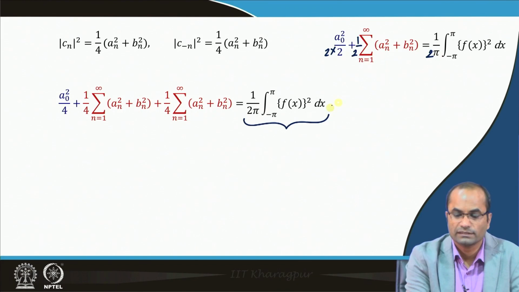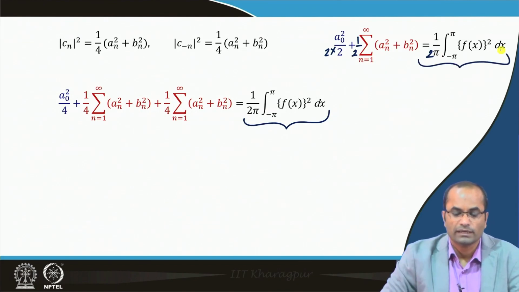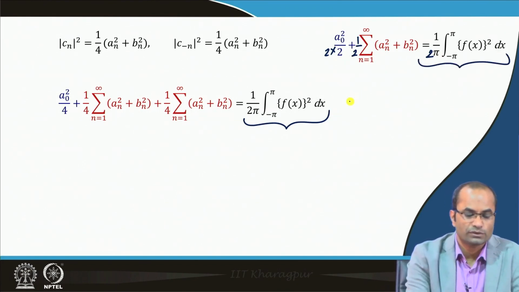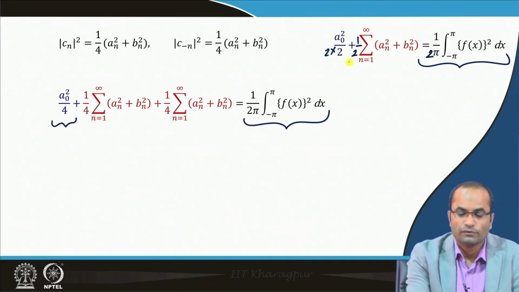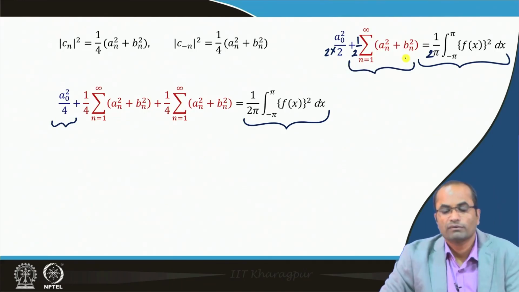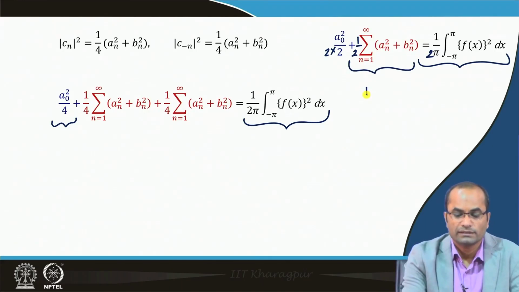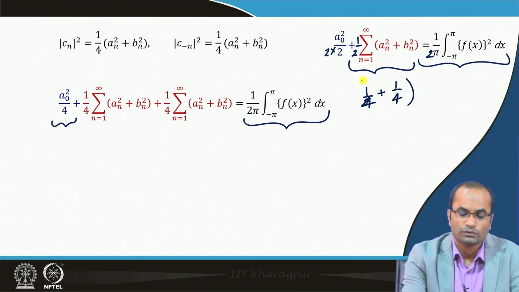So, this is matching exactly 1 over 2 pi, integral from minus pi to pi, f x whole square. The first term is A naught square by 4, and now this half of A n square plus B n square is written as 1 by 2, and so 1 by 4 plus this 1 by 4. So, this is 1 by 2, and then we have the series.